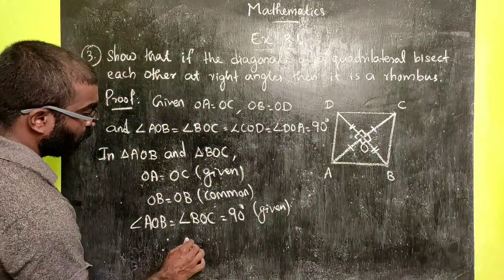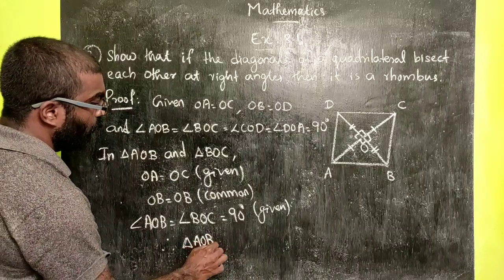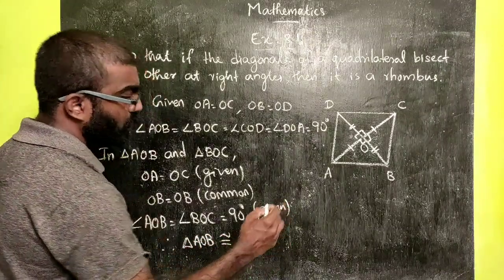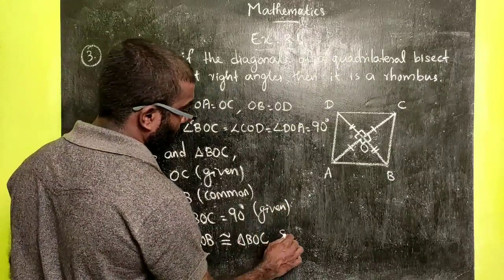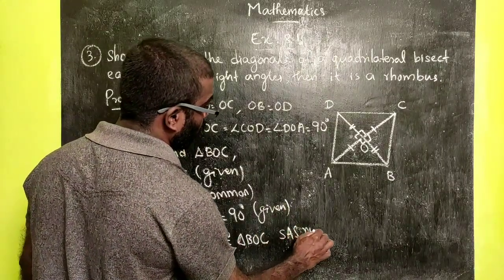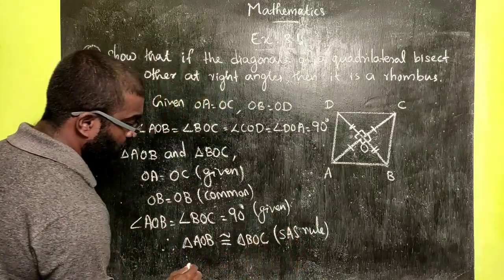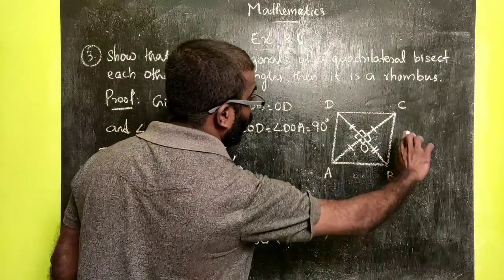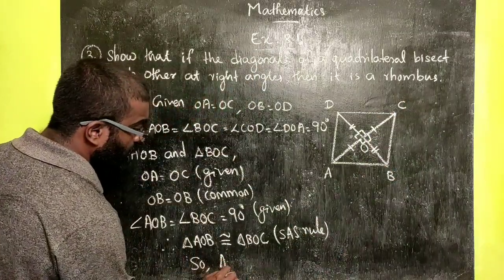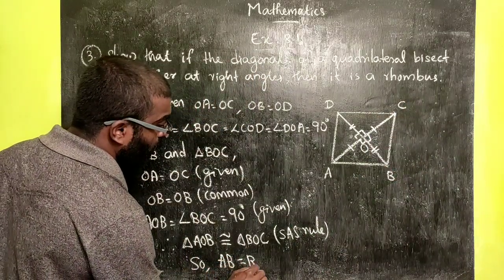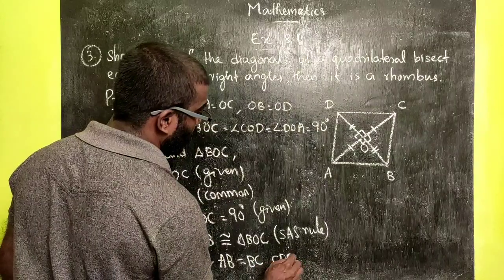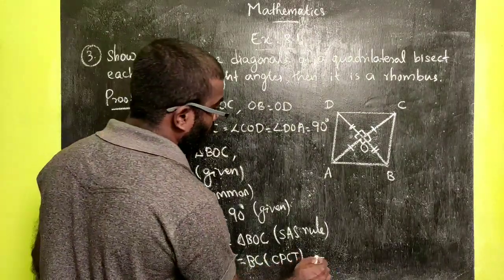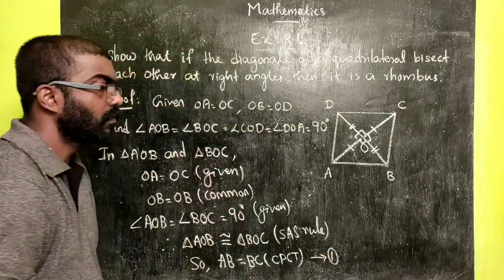Therefore, we can conclude triangle AOB is congruent to triangle BOC by SAS congruence rule. So we can write the corresponding parts are equal. AB equal to BC, CPCT, corresponding parts of congruent triangles. We can take it as equation number 1.